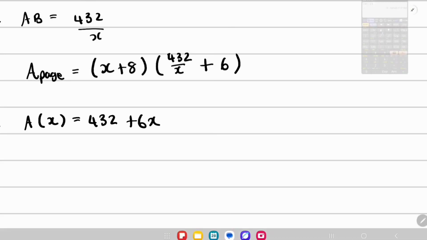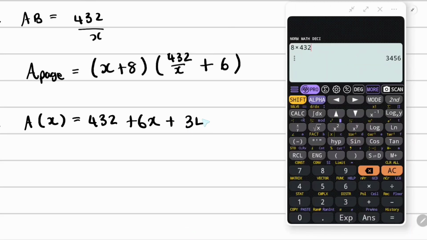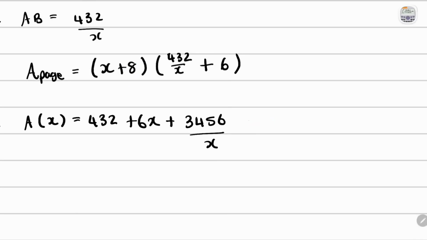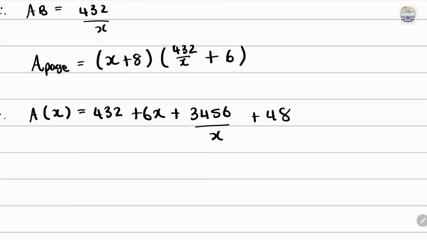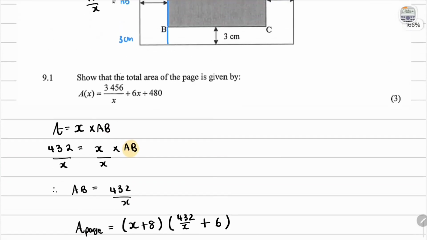And then multiplies to this. So what's 8 times 432? That is going to be 3,456. But remember, it's 8 times 432 over X. So over X. And then lastly, 8 times 6 is 48. So this is what we have. So A of X is equal to, and we'll just add our constants together. Let's just look at how they wrote it.